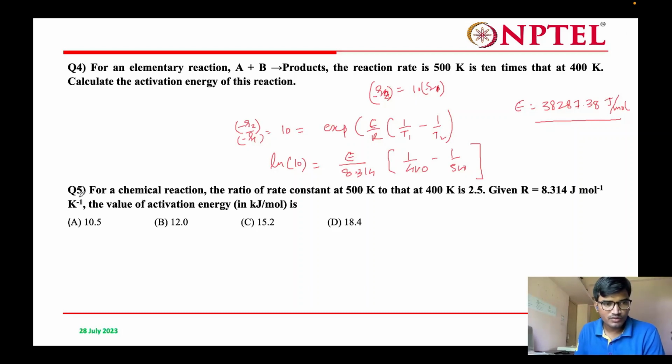Moving to question number 5. For a chemical reaction, the ratio of rate constant at 500 Kelvin to that at 400 Kelvin is 2.5. Given R is equal to 8.314 joule per mole per Kelvin, find the value of activation energy.